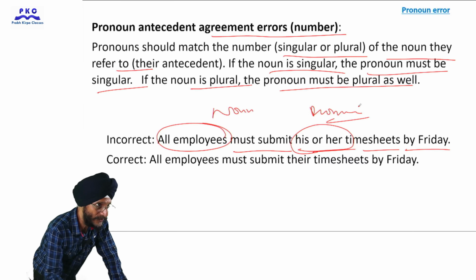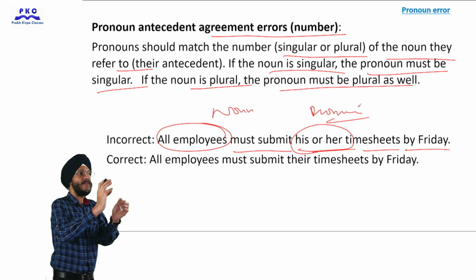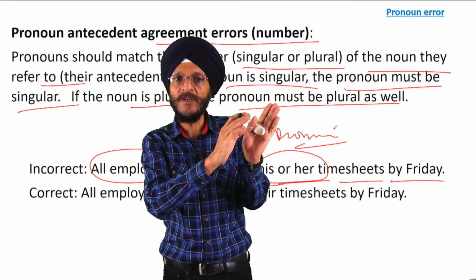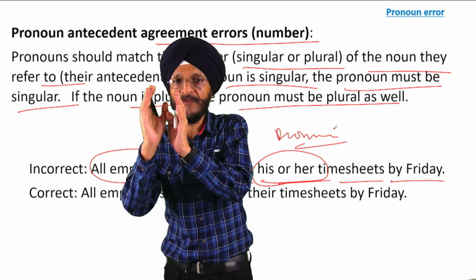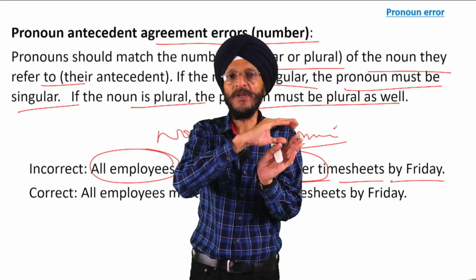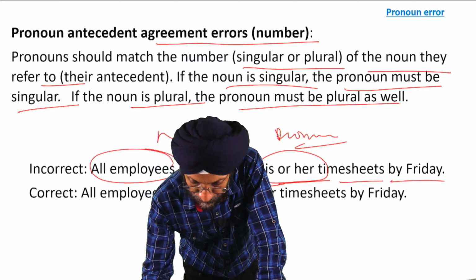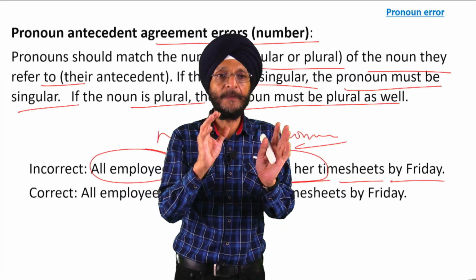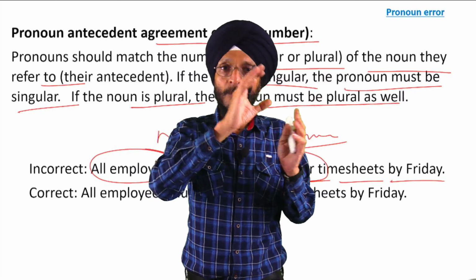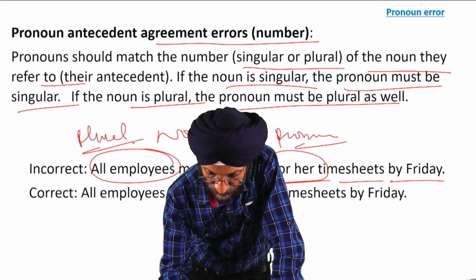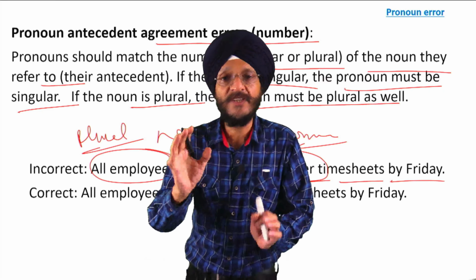So the pronoun should refer to the noun accordingly. If the noun is singular, the pronoun should be singular. If the noun is plural, the pronoun should be plural. Here, what is the noun? All employees. All means more than one. It is plural. So here we are using his or her.